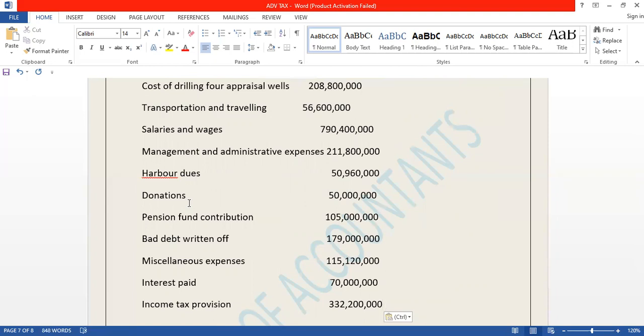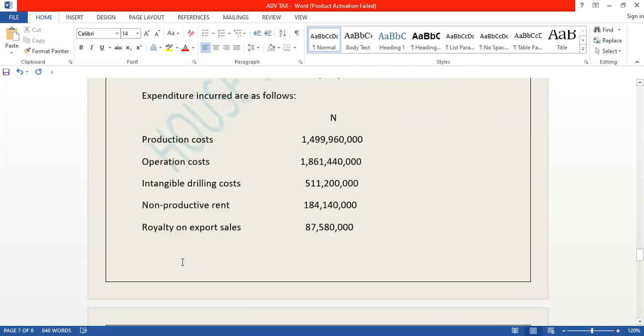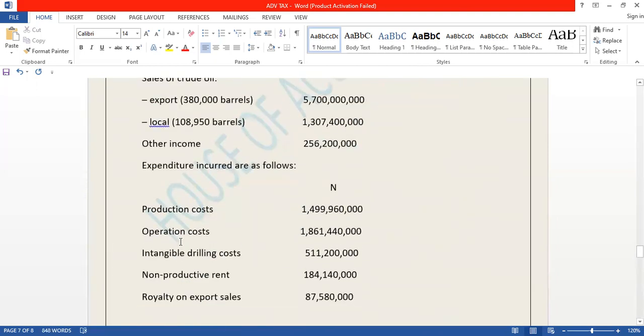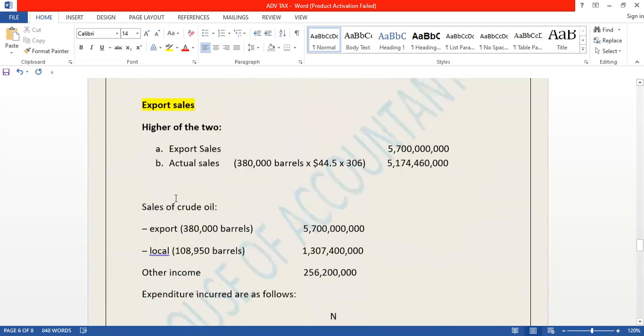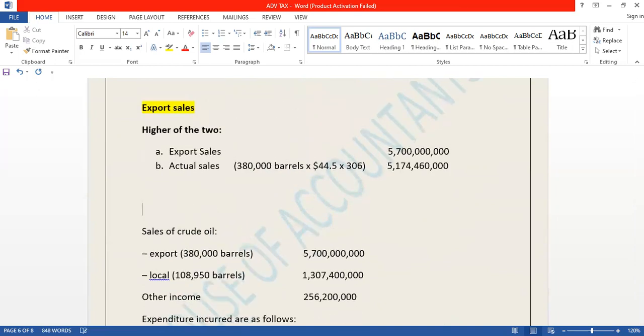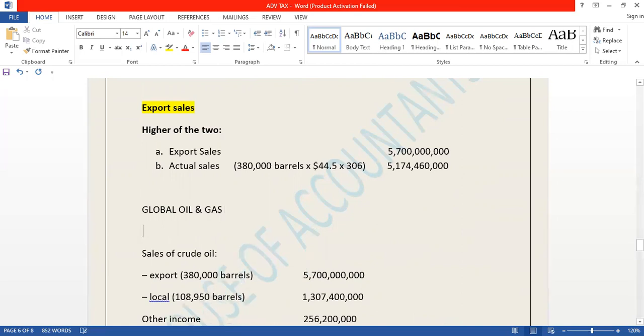So the first value we have here, I'm going to write this on it. Let's call it Global Oil and Gas. What are we calculating?